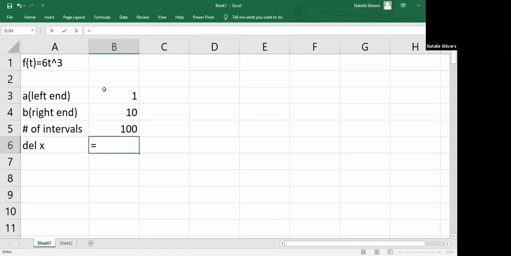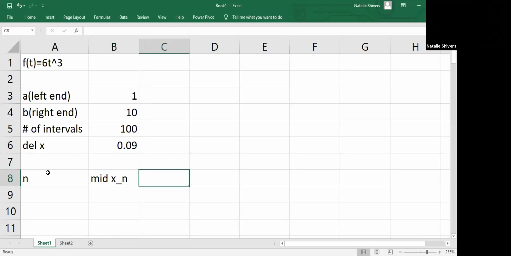We're going to do B4 minus B3 divided by B5. Make sure the top is in parentheses so that it does the subtraction before the division. We're going to do n, x sub n, mid x sub n.